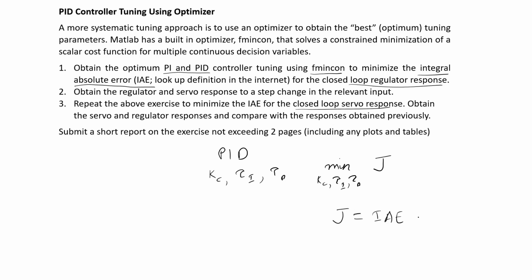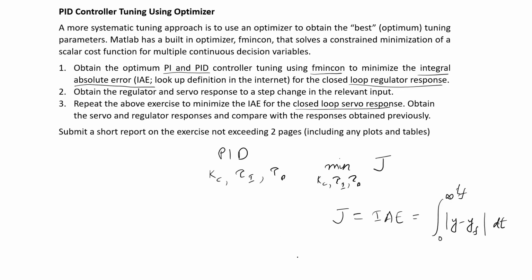Integral absolute error is defined as the integral, let's say the system is initially at rest, from time t equal to 0 to infinity, or whatever is t final, the final simulation time, of the absolute value of the process variable minus the final value of the process variable at which it settles, dt. This is called the integral absolute error.